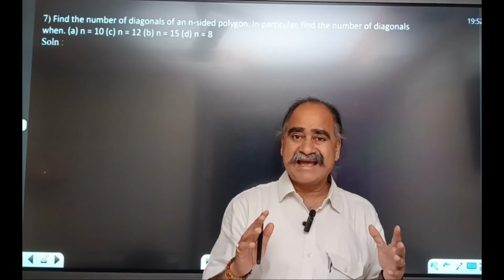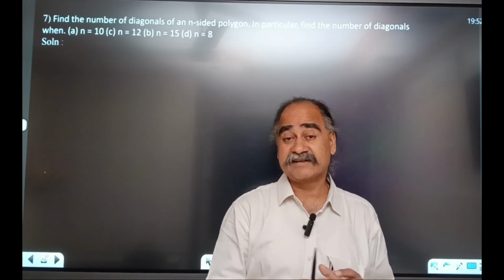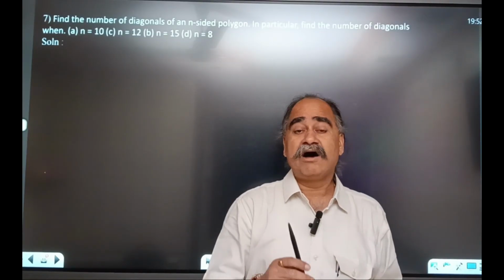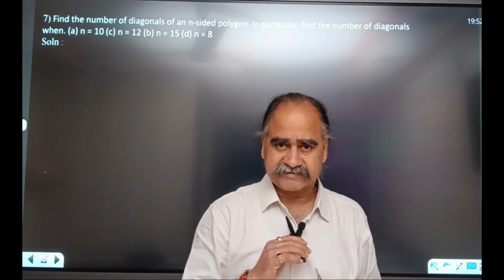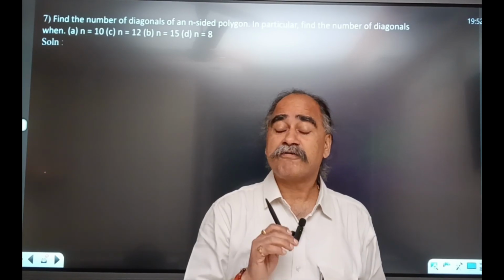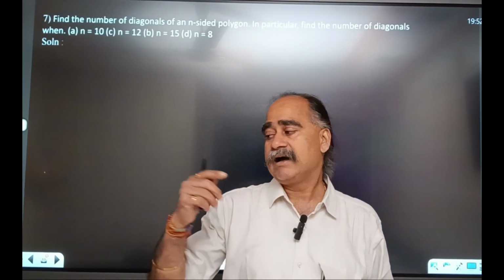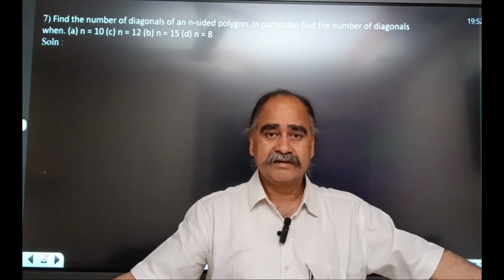If a polygon has n sides, then it will have n vertices. Now if you consider one vertex, it will not form a diagonal by joining with itself and the two neighboring points.